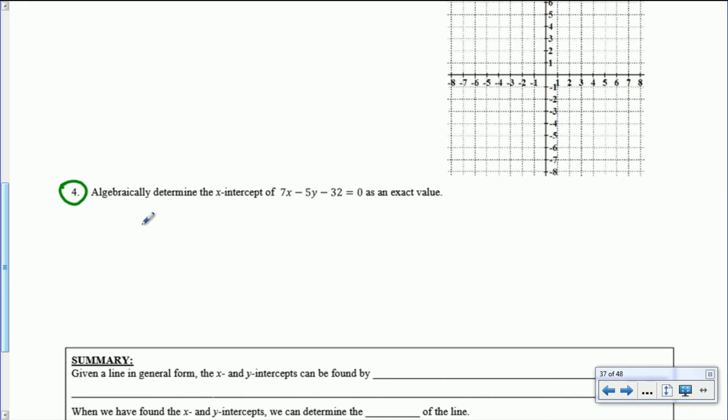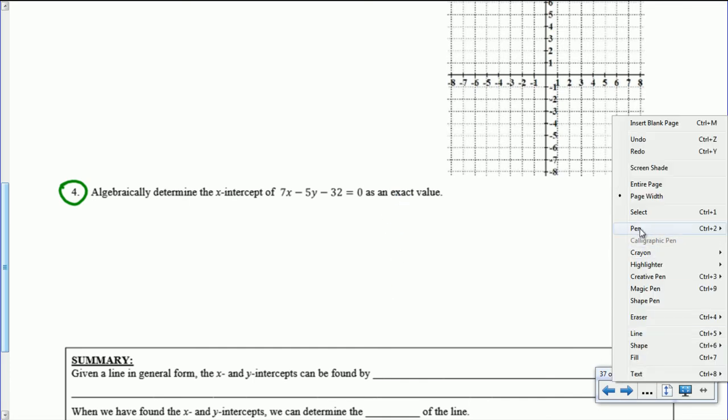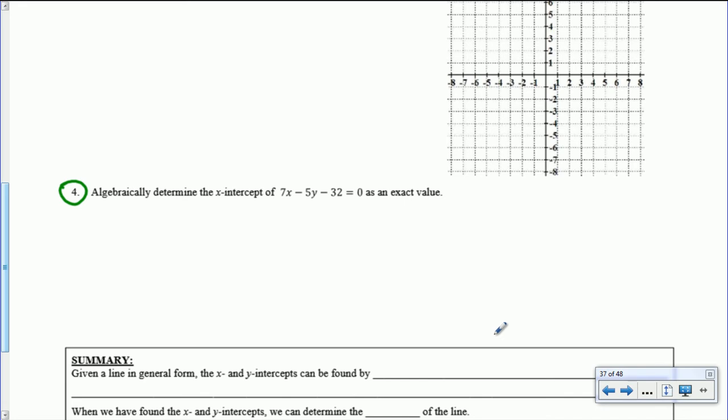Okay, and I'm also going to get you to do this one. So algebraically determine the x-intercept of this line as an exact value. So you should have at the end of this question some number, comma, 0, right? Because what's the value of y here?